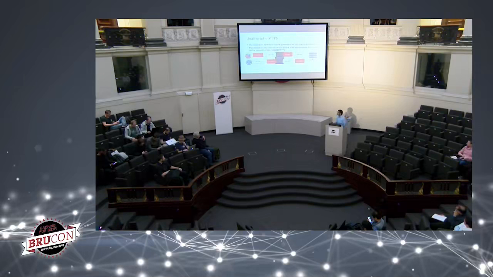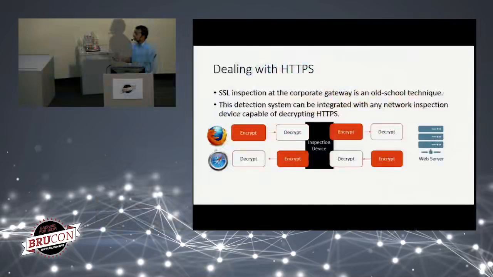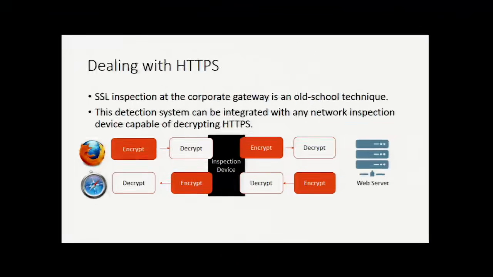Dealing with HTTPS, there is a very common technique used by IPS vendors to decrypt HTTPS traffic. They install the root certificate in every endpoint, and whenever the client sends a request, the client encrypts it, and the inspection device decrypts the traffic and does several checks to figure out whether the request or response is malicious in nature or not.